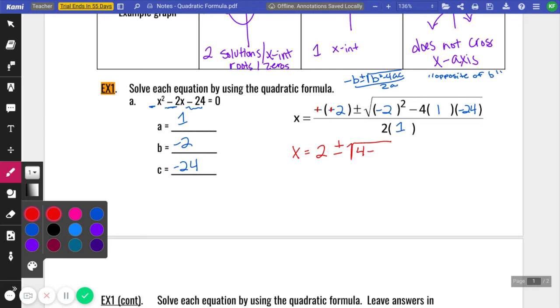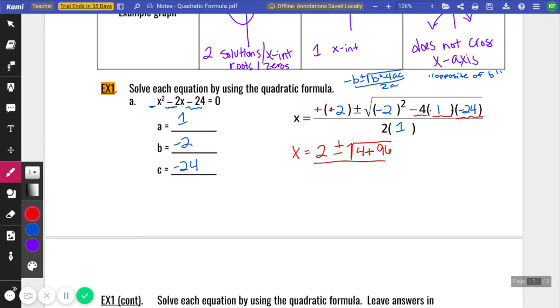And then -4 times 1 times -24, that's actually going to give me a positive result, and that would be +96. And yes, I just paused that to multiply it, so you're definitely allowed to use a calculator. Then I have to remember it's all over 2 times A, so 2 times 1, which is 2.